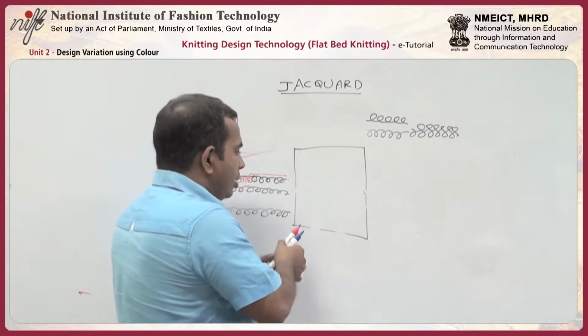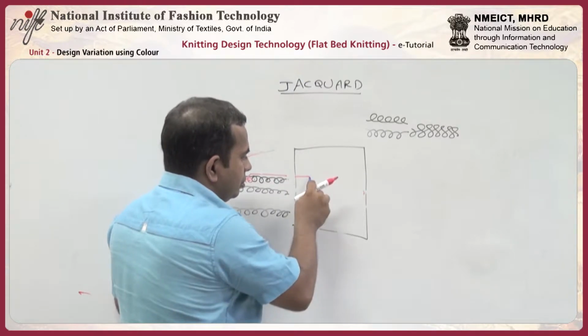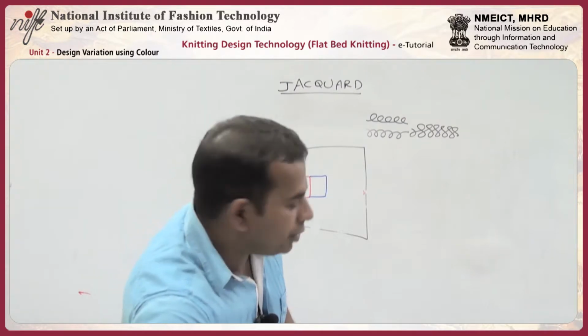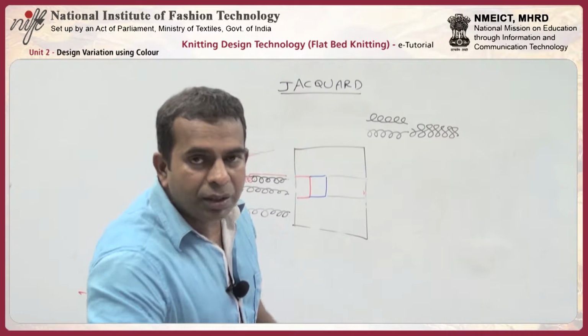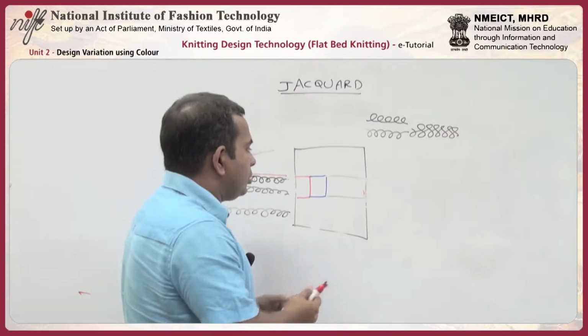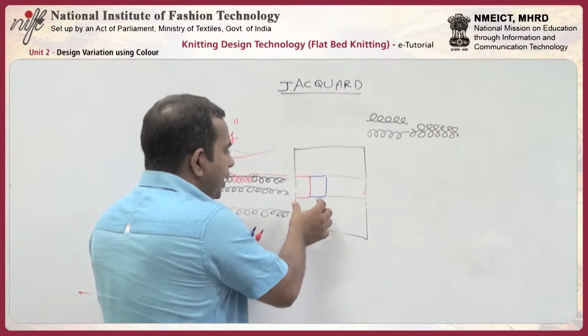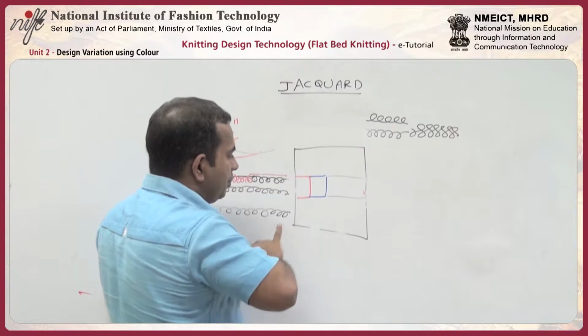Now in this jacquard, let's say we have 1, 2, and there is a black color in it. So we have 3 colors and we want to start knitting here. So what happens here is, in 3 colors we are starting with red.